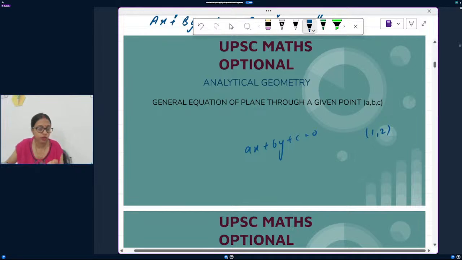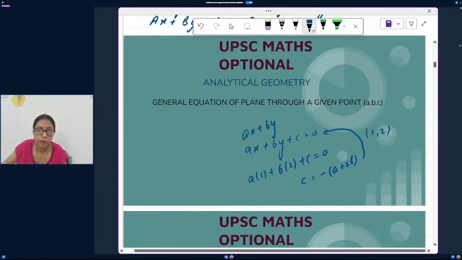You'll say, okay, if (1, 2) is passing through the line, then it will satisfy the equation. So a times 1 + b times 2 + c will be equal to 0. You can find c from here: c will be -(a + 2b). So in your general equation, instead of ax + by + c = 0, you can write ax + by - (a + 2b) = 0.